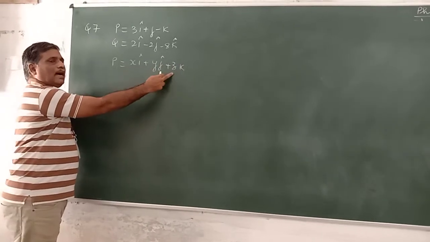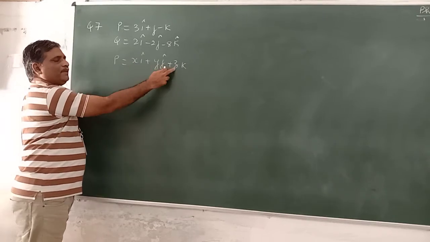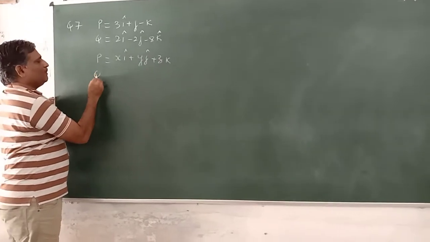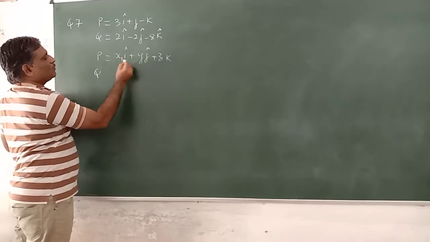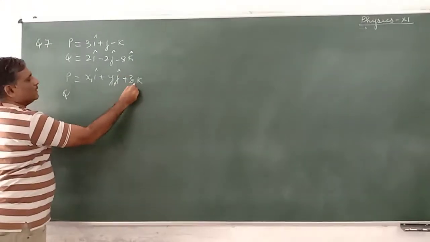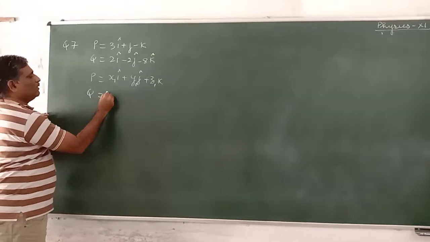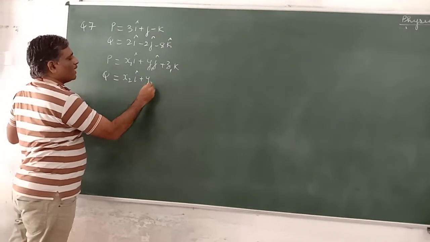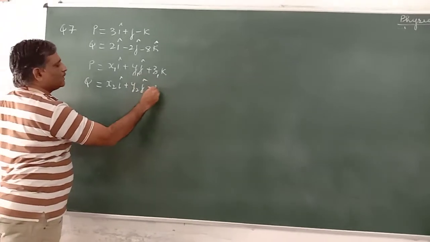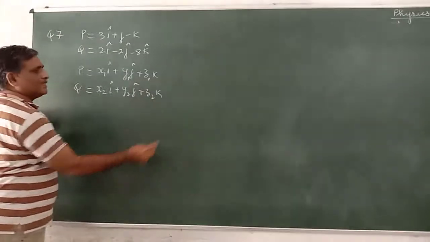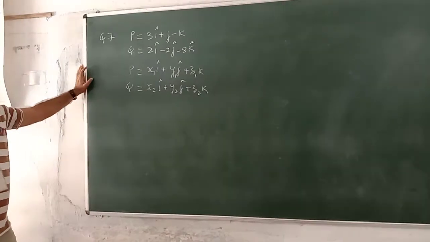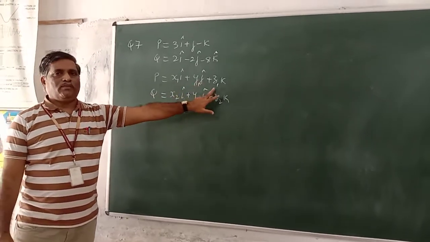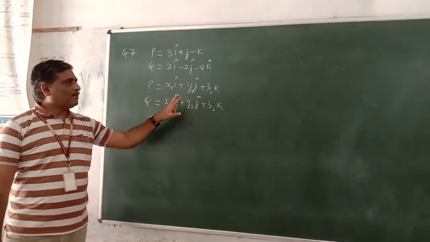X, Y, Z are nothing but PX, PY, PZ, on similar lines to AX, AY, AZ. Similarly, we write x1, y1, z1. Q is equal to x2 i plus y2 j plus z2 k. Instead of writing AX, AY, AZ, I am writing x1, y1, z1. The meaning is the same. These are the coordinates.